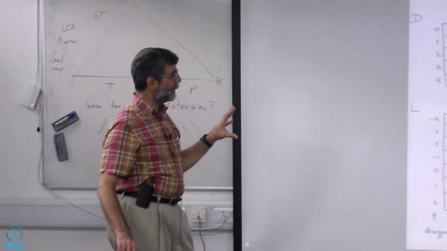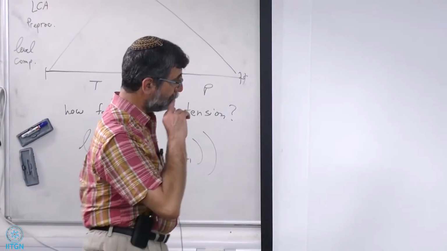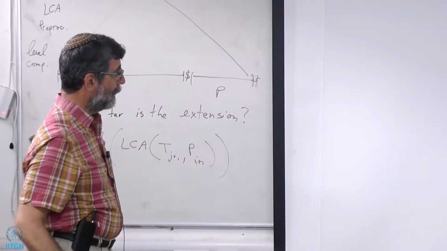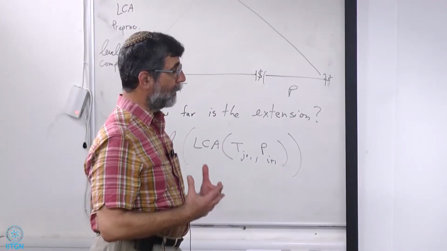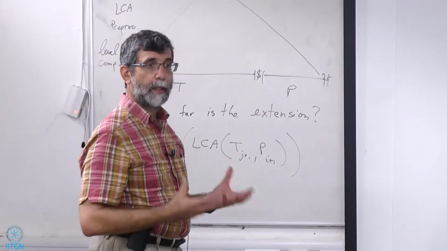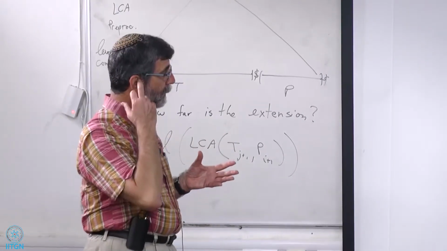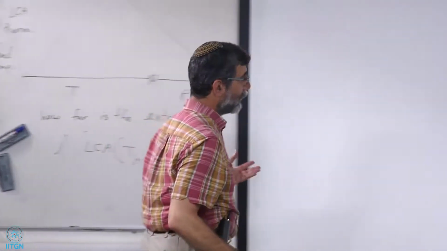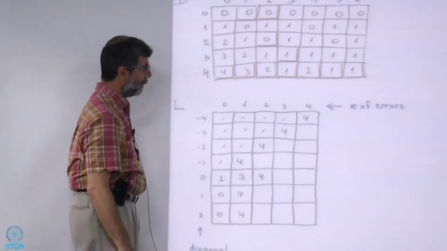So here we have the matrix of the LDE. And now what you need to do is actually fill this matrix in a dynamic programming way. Because if you know how to fill this matrix, then you're done. Because this is the maximum number of errors. You know how far you can go.